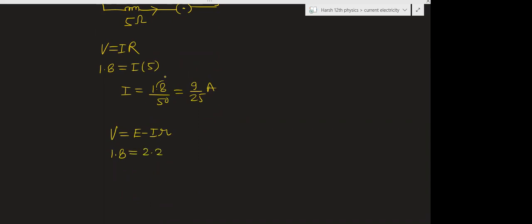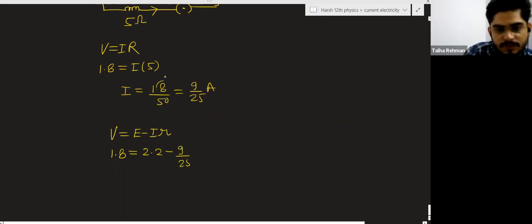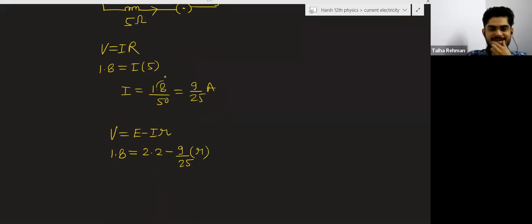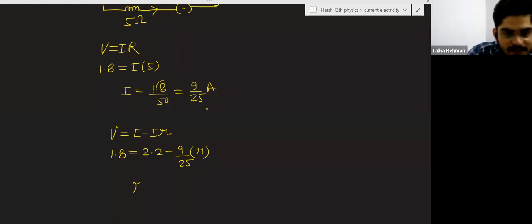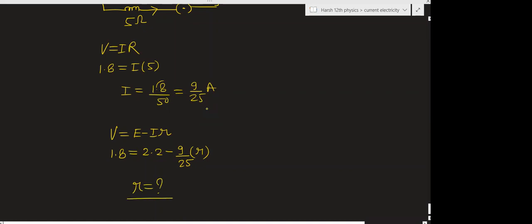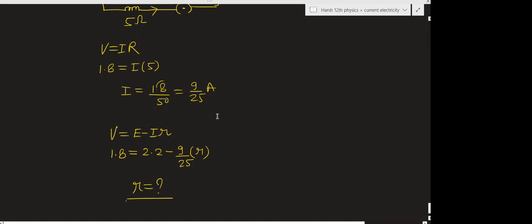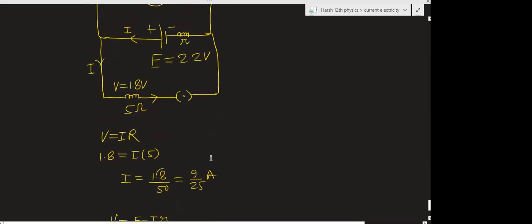And I we already know, 9 divided by 25, and this is r, the internal resistance. Can you calculate this r now by yourself? Because this is just the calculation part, you can do it easily. You will subtract this from this, and then you will get the answer.